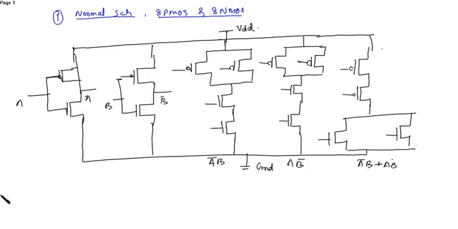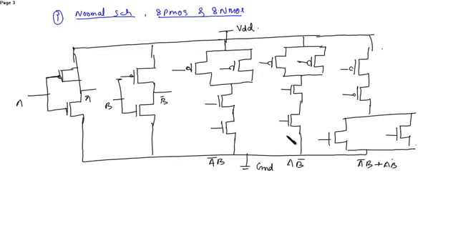Before that, you have to make sure this A bar means you'll take from here. The output of inverter 1 will act as an input of AND 1, and the output of inverter 2 will act as the second input of AND 1.